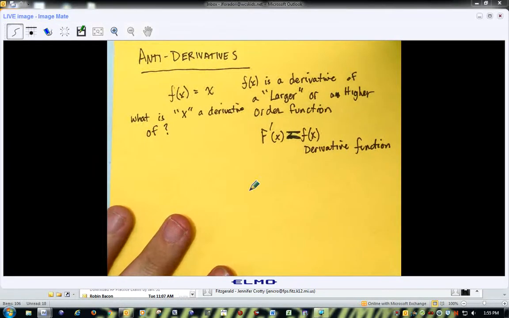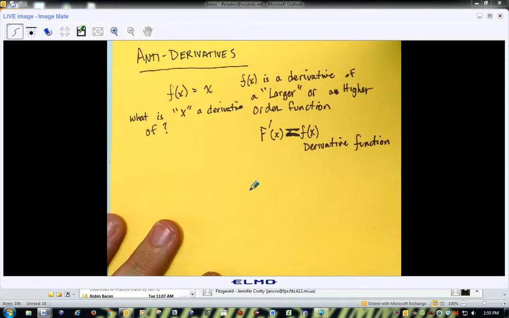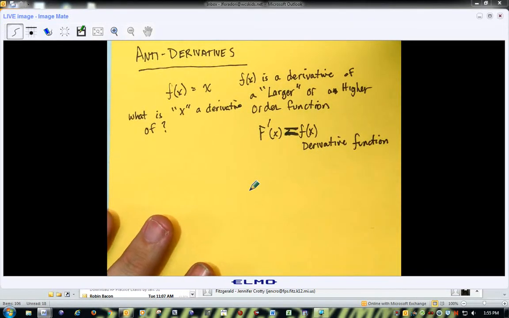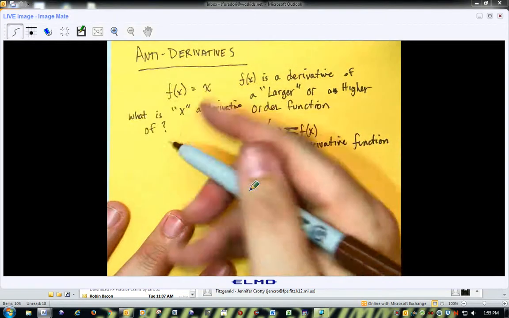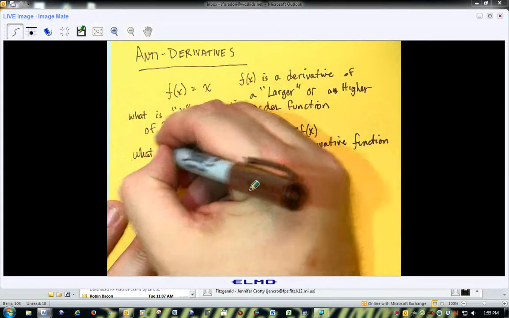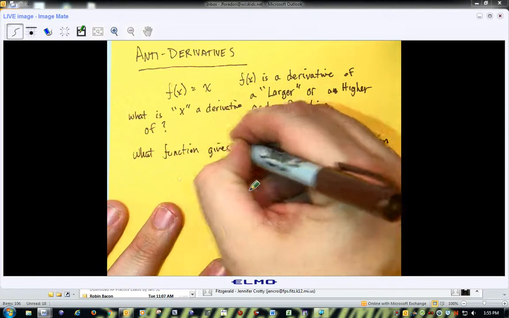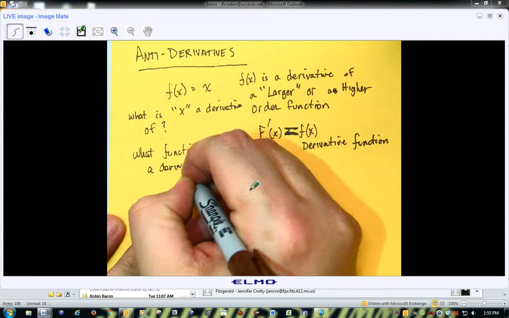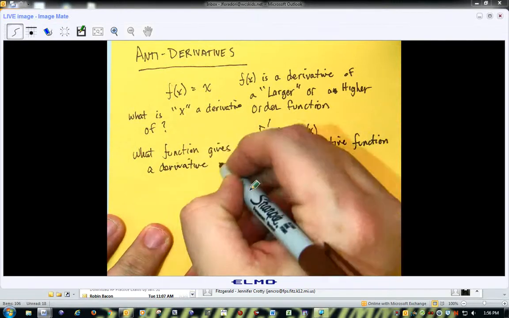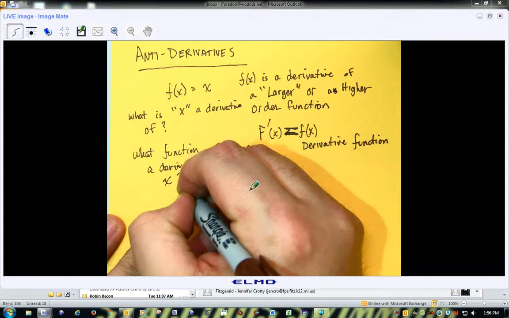So now we become detectives, and we have to try to figure out what function gives us a derivative equal to x.